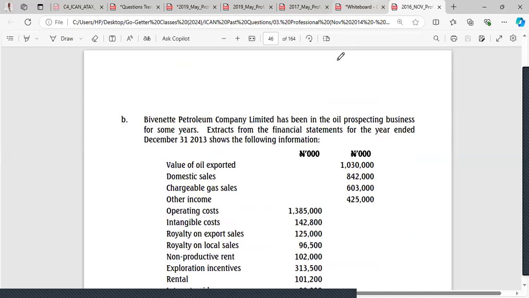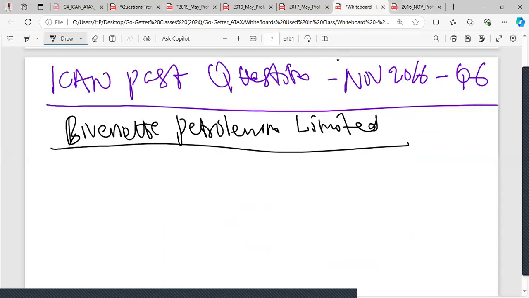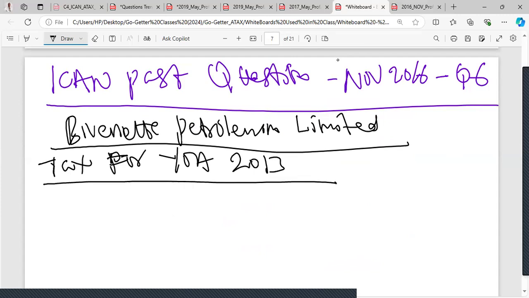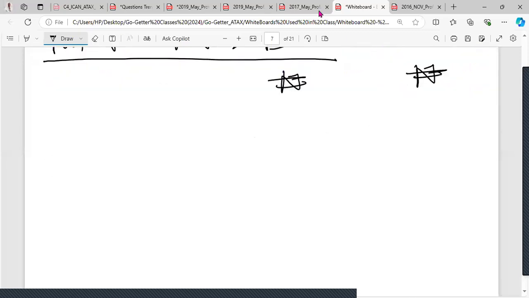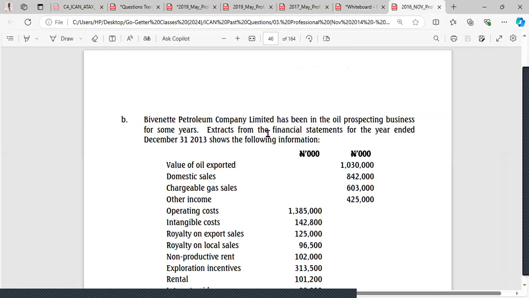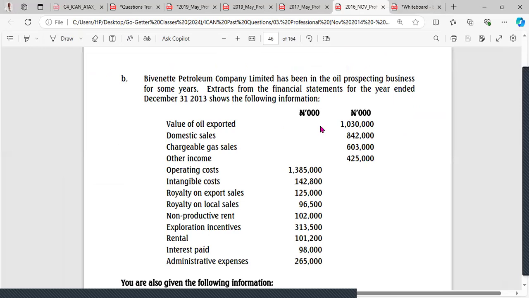So this is tax for year of assessment 2013. Okay, so let's start operations. Now, value of exported oil.